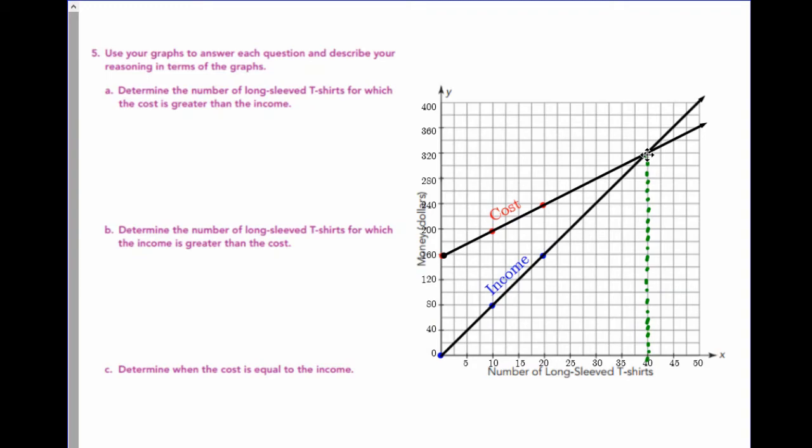So we're going to say for our answer for A, determine the number of long sleeve t-shirts for which the cost is greater than the income. Well, the cost will be greater from 0 to 39 t-shirts.